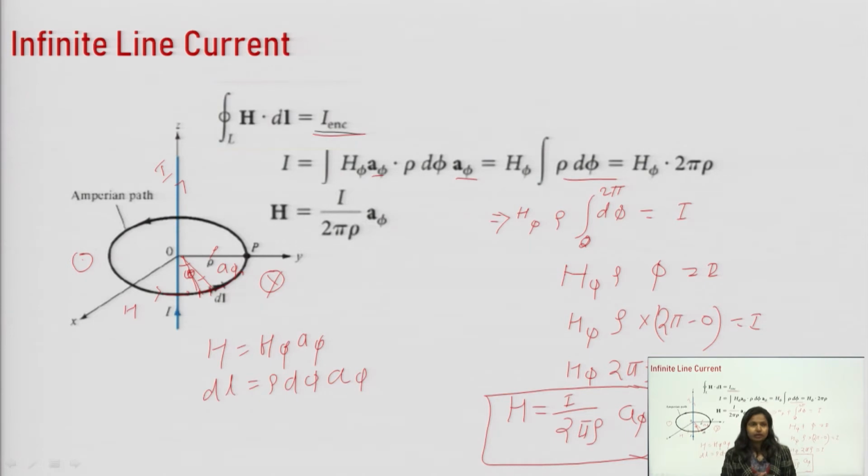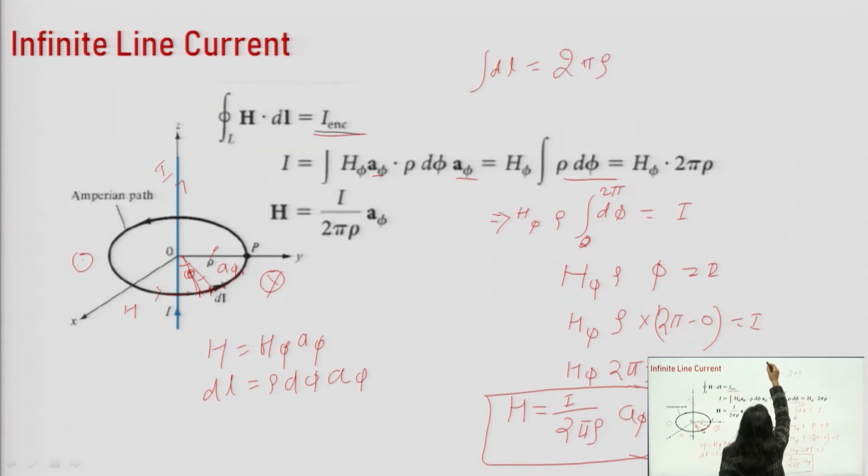So the closed integral of dl is equal to the perimeter of this circle, which has radius rho. So the perimeter of a circle with radius rho can be written as 2 pi rho.